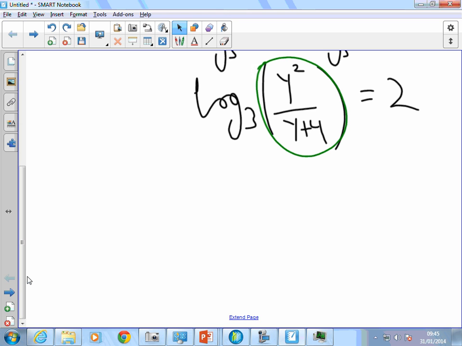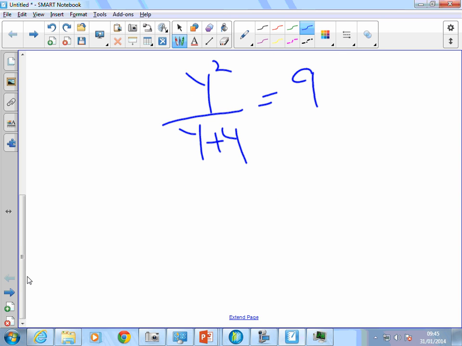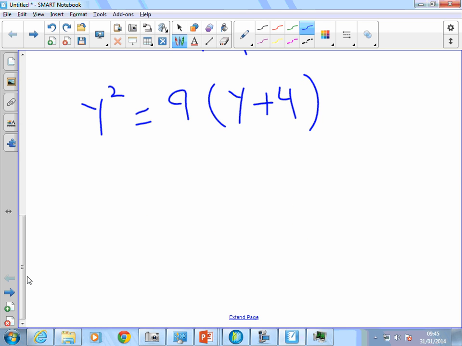We know, again, from the laws of logs, that y squared over y plus 4 must equal 3 to the power of 2. We did that in part A. That equals 9. And from here, we can see a very straightforward quadratic equation that needs to be solved. So y squared is equal to 9y plus 4. Multiplying everything out and taking it to the left-hand side, y squared minus 9y minus 36 equals 0.